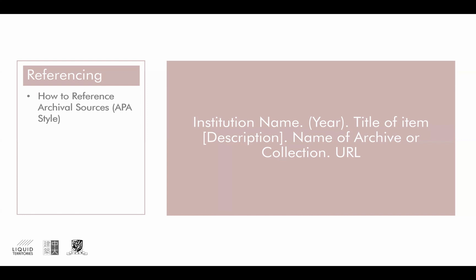And also in these square brackets, after the title of item, it's also good to include the type of material that you're using. For example, photograph, maps, or government document. And that is all.